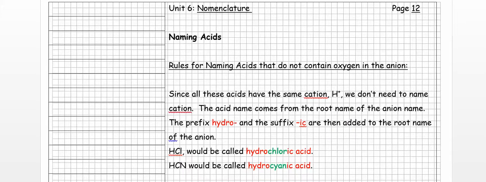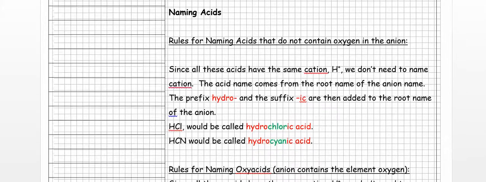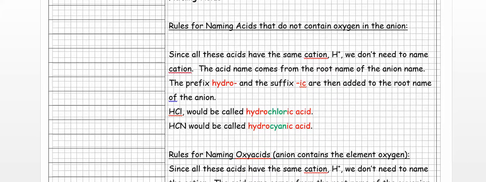The acid name comes from the root name of the anion name. So a prefix of hydro and the suffix of ic are then added to the root name of the anion. Now that sounds complicated. It really isn't. Let's look at a simple example. Let's just say we have HCl. This would be called hydro because there's no oxygen there.